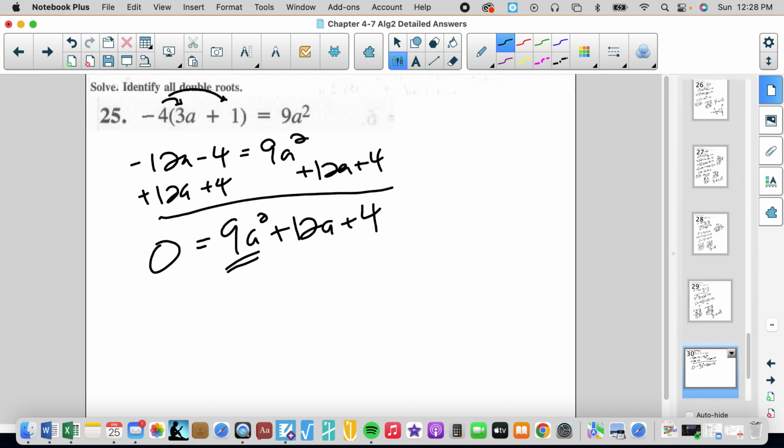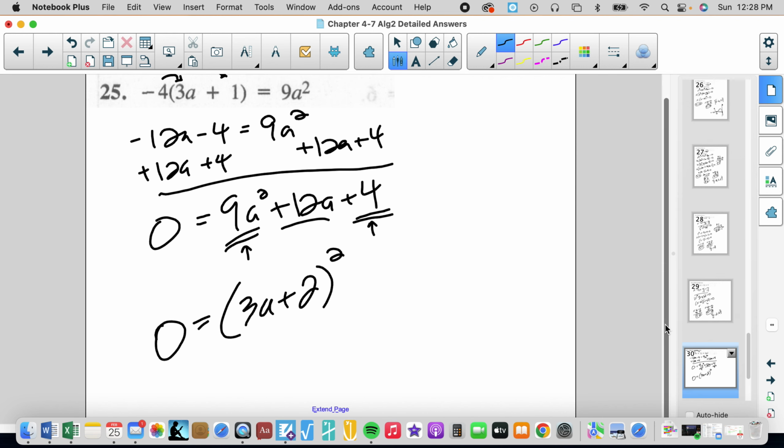So I should recognize that's a perfect square. Does the square root of this times the square root of this doubled equal my middle value? Yes, it does. 3a times 2 is 6a. Doubled is 12a. So I know that's going to be a binomial square.